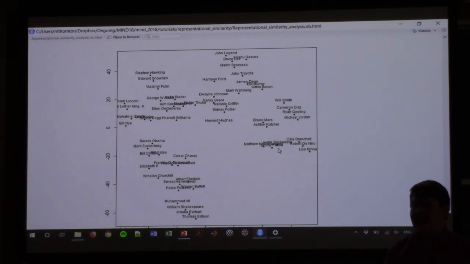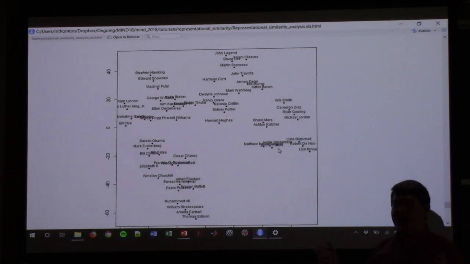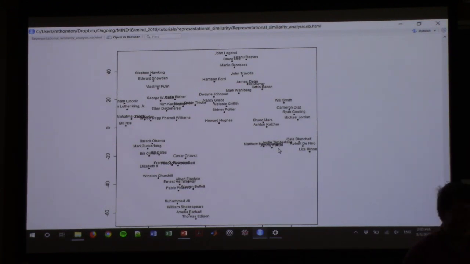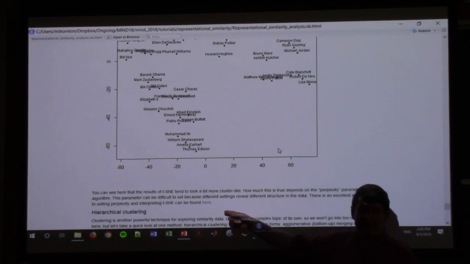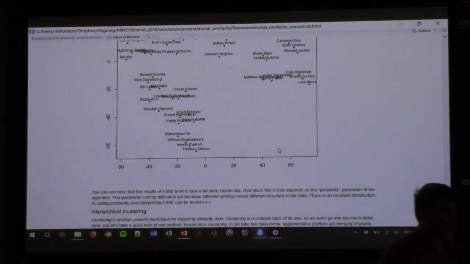If you turn it way down, you'll end up with really collapsed, odd-looking clusters. And in the middle, there's informative stuff. I link a fantastic interactive visual explanation, just here in the HTML, where you can play with perplexity and learn more about it if you want to use t-SNE.